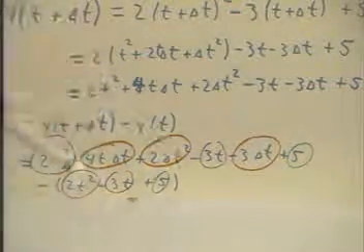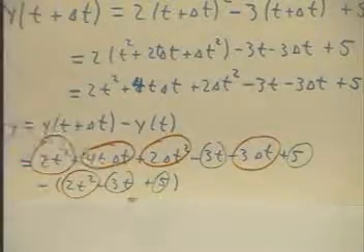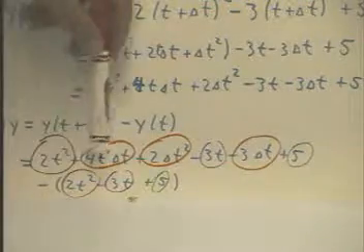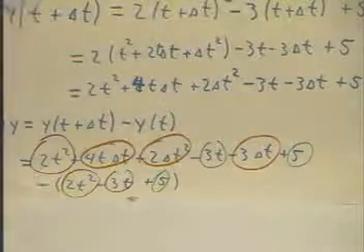The 3t and the 3t, same thing. Negative 3t minus a negative 3t, and the 5 minus a 5, leaving us only with the orange circled terms, 4t delta t plus 2 delta t squared minus 3 delta t.